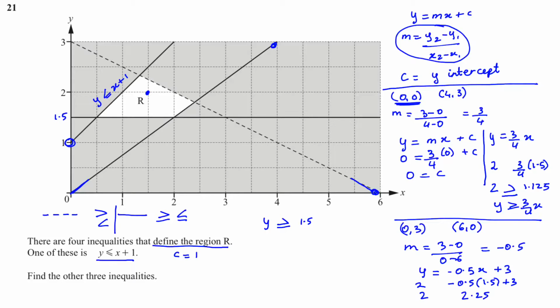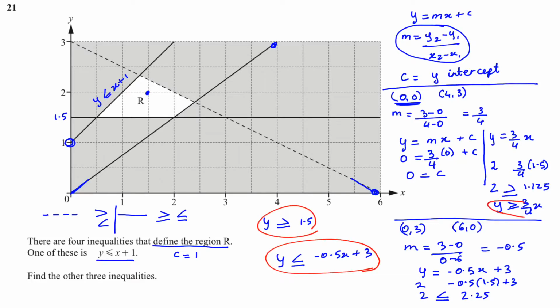So you can see that y is less than 2.25. So our equation will be y is less than or equal to negative 0.5 x plus 3. So our three inequalities are this one, this, and the one we found here.